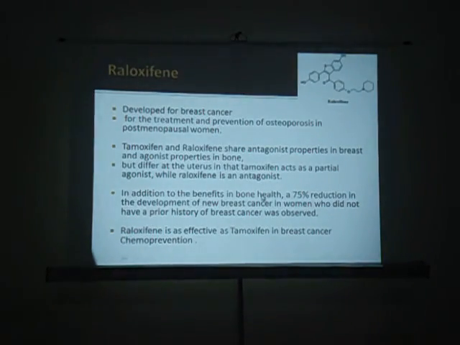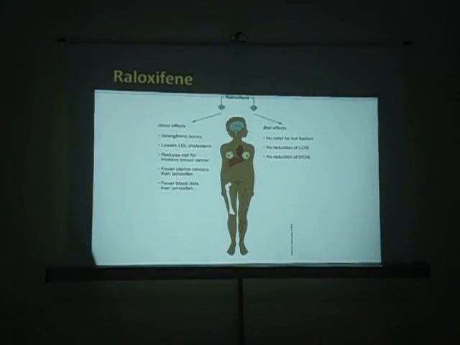In addition to the benefits with bone health, a 90% reduction in new breast cancers is also seen. Raloxifene is effective in breast cancer and also in chemoprevention. So in general, raloxifene is better than tamoxifen. You can see here, it strengthens bones. This diagram, if you put it in exams, will help fetch you good marks.